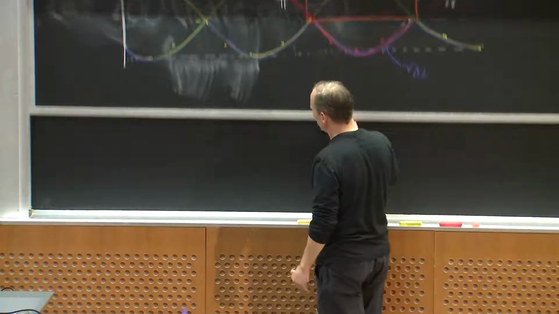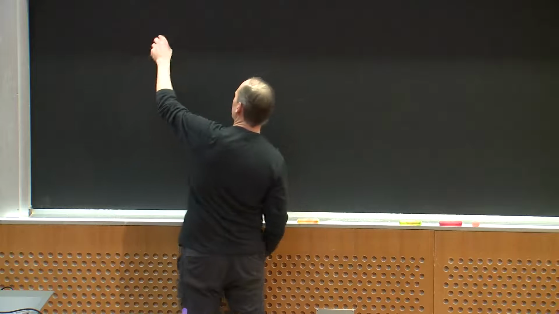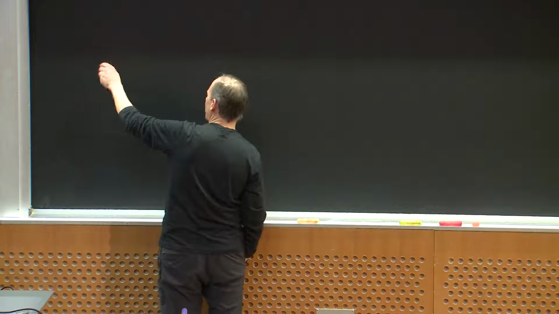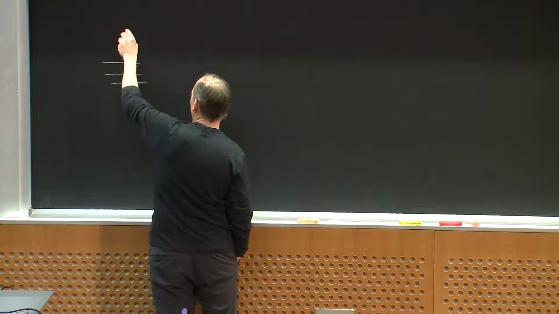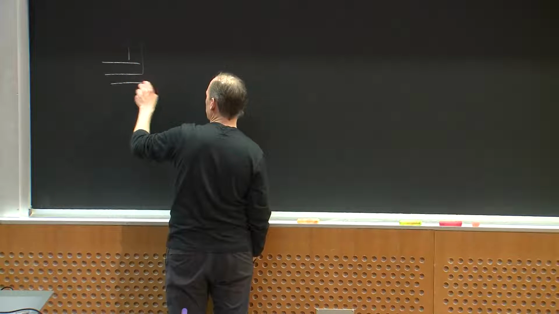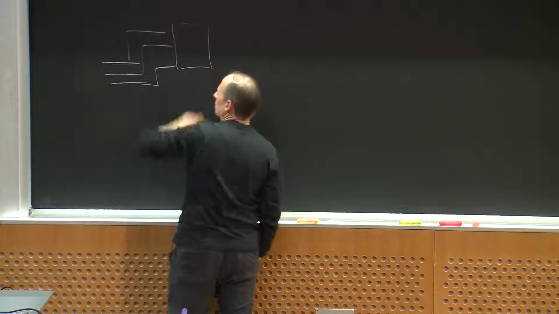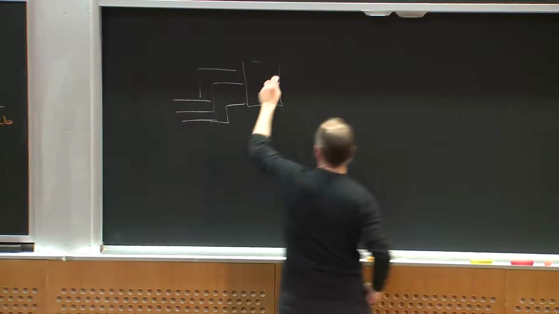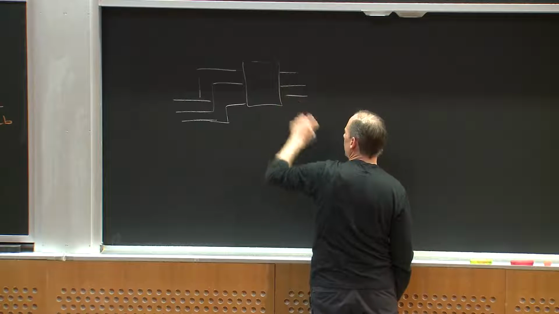I can do this with Y or delta-Y, but let's imagine I come in with my waveforms. I'll build one set of transformers that take the line-to-line voltages and generate a new set of waveforms that are in phase with that.